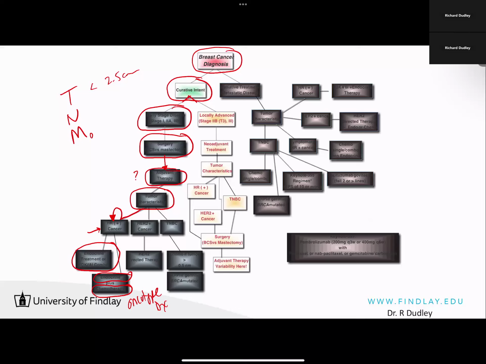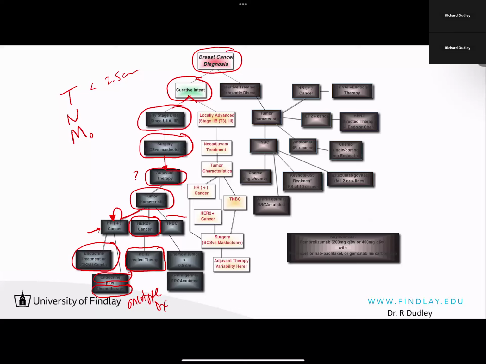Okay. All right. If the patient has early stage disease, undergoes a surgical procedure, and then they have a HER2 positive cancer, we are basically going to give that patient adjuvant chemotherapy plus a HER2 directed agent. Right?